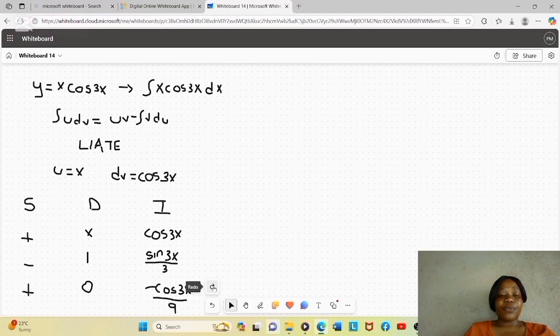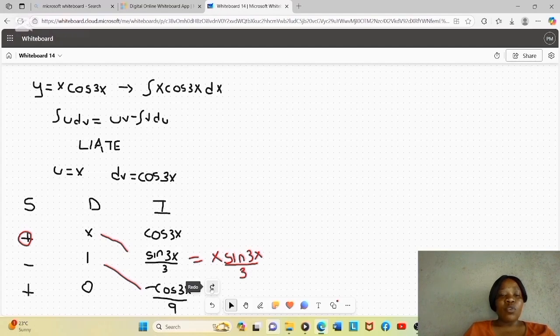over 9. Then from here, we get our first term by multiplying each term diagonally and applying the alternating sign. Our first term will be equal to x sin 3x over 3.